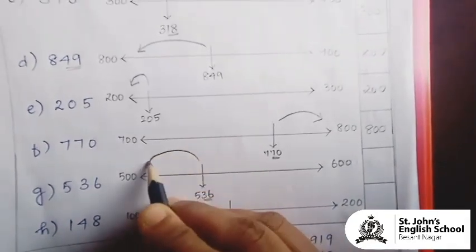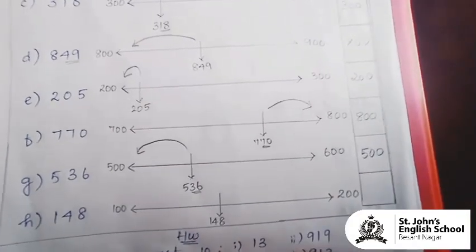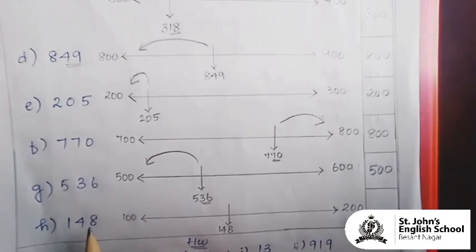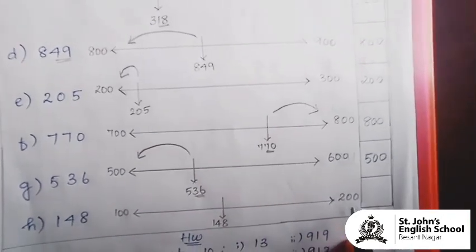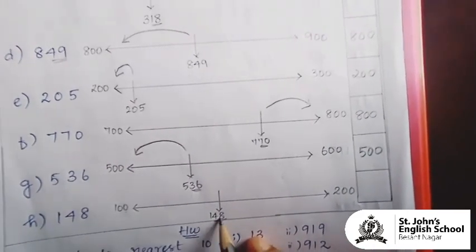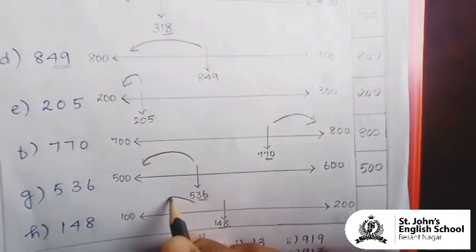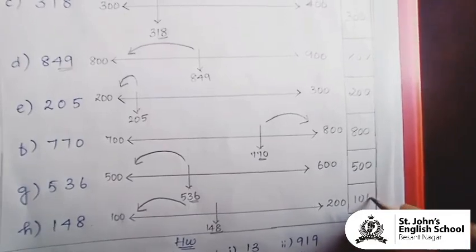So it should go to the before number. The next sum, 148. 148 is a number between 100 and 200. So 148. 48 is before 50 or after 50? It's before 50. So it should go to the before number, that is 100.